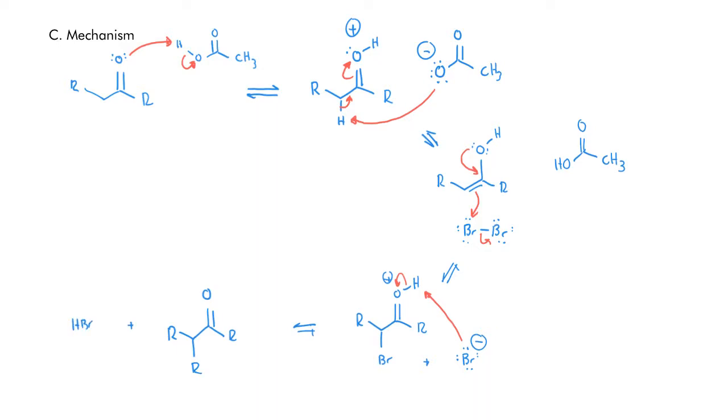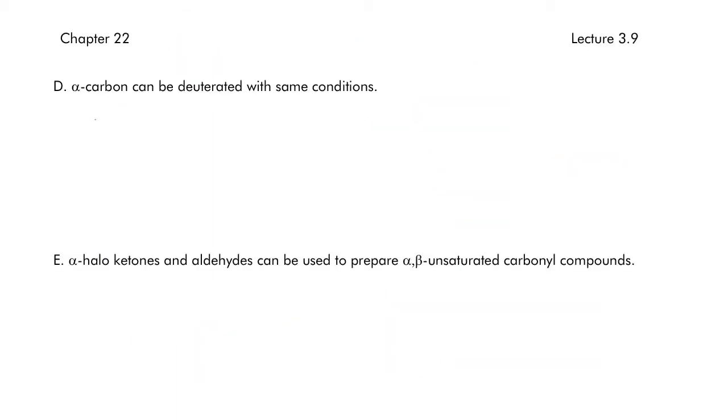Now, there are some interesting applications of this alpha technique, as well as some interesting insights into how the reaction works on the next page. Let's take a look. Now, you might remember I mentioned that the enol is a very short-lived and very low population species compared to the carbonyl. So how do we know the mechanism proceeds through an enol?